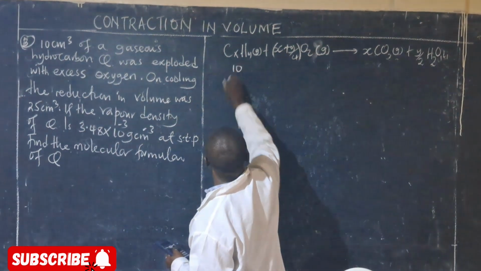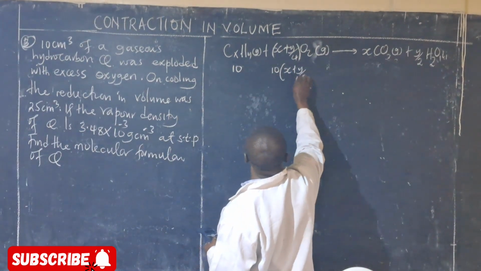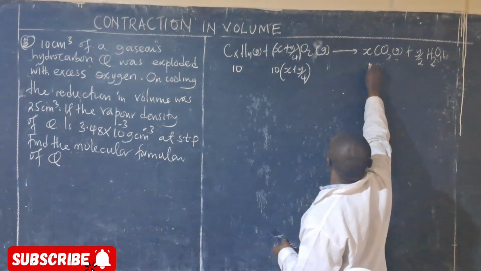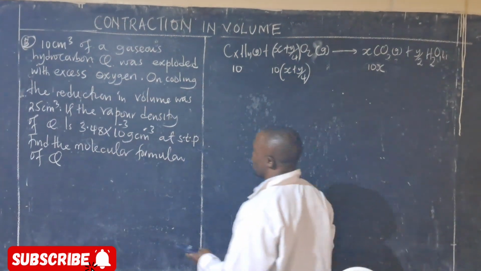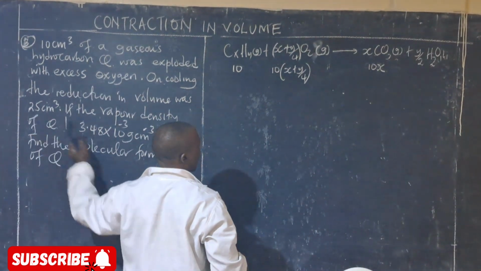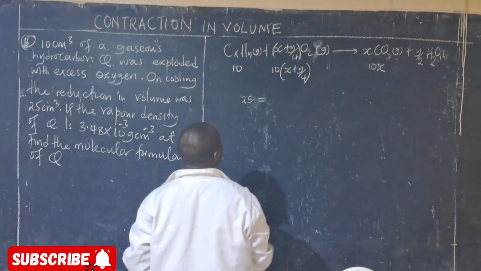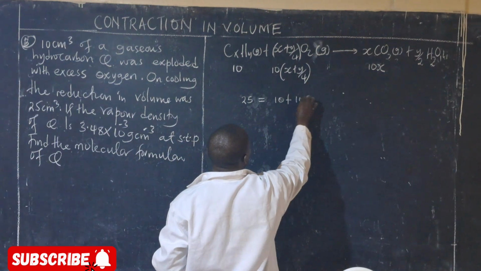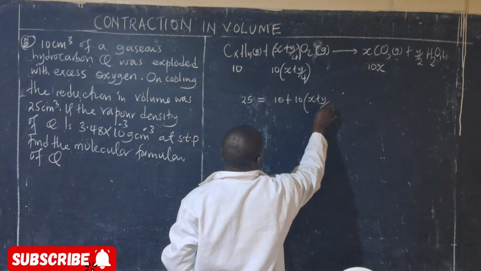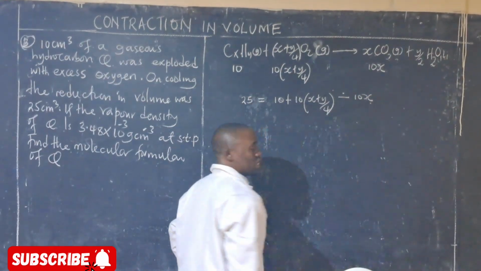So if this is 10, the reacted oxygen is 10 into x plus y out of 4, then carbon dioxide is 10x. So this contraction of 25 would be equal to the volume of hydrocarbon 10 plus the volume of reacted oxygen, then minus the volume of carbon dioxide.